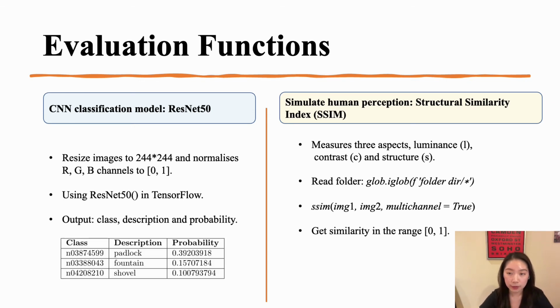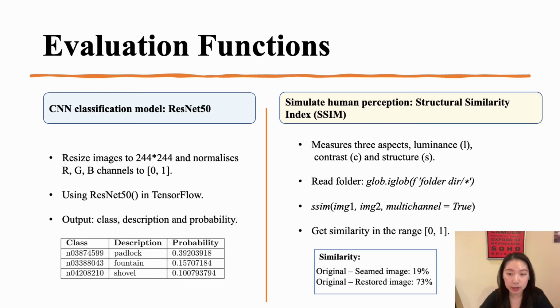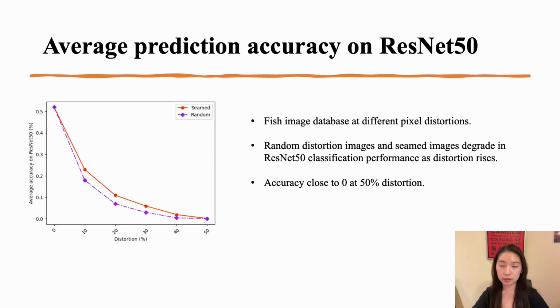This is a classification result of the seamed image of the fish at 25% distortion. Using SSIM to generate a similarity by comparing the image's luminance, contrast, and structure. This is the similarity result of the seamed and the restored image to the original. It can be seen the restoration effect is really good.